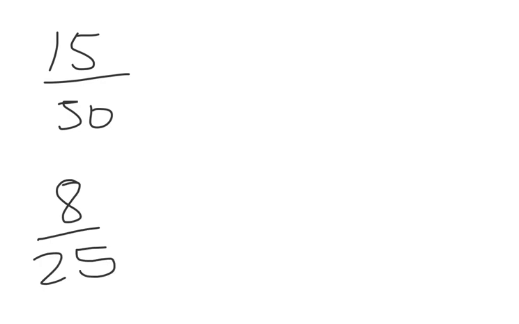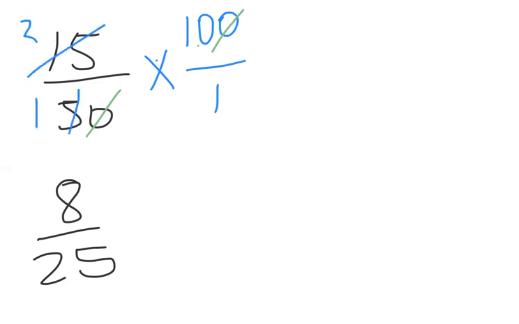Right, so let's convert. 15 over 50, we want to convert to a percentage. So I'm going to say times 100 over 1. That 0 cancels out with one of the zeros. Then I say 5 divided by 5 is 1. 15 divided by 5 is 3.